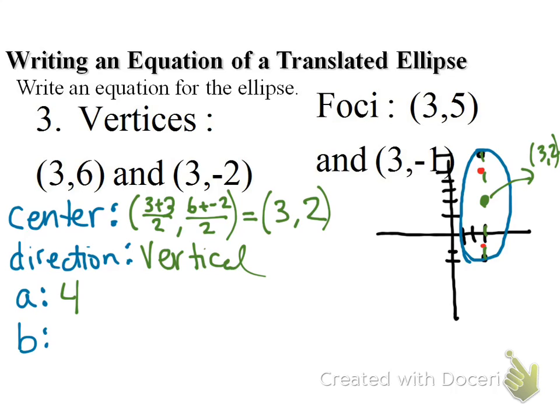Do I know B right now? I don't, but I do know a little bonus. I know C, right? Because C is the distance from the center to the focus. So if this is 3, 2 and this is 3, 5, what is the C value? 3. Okay. I also know that in this case, C squared equals A squared minus B squared.